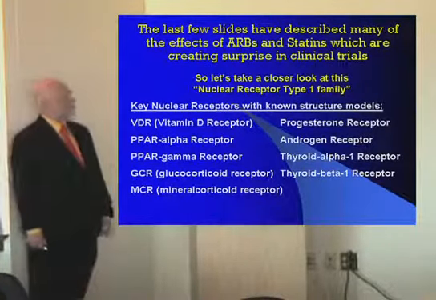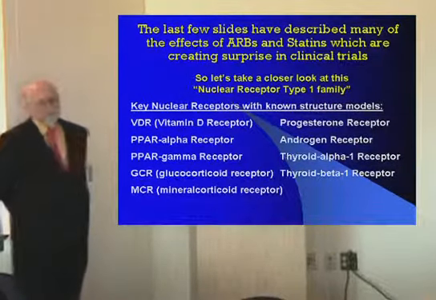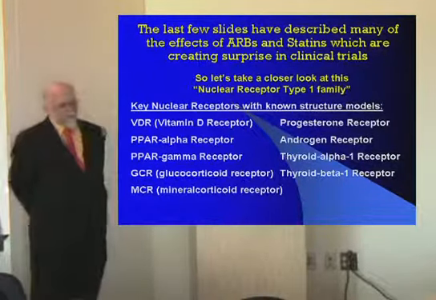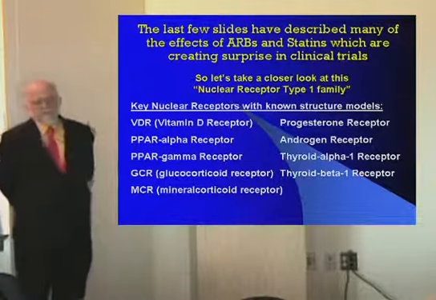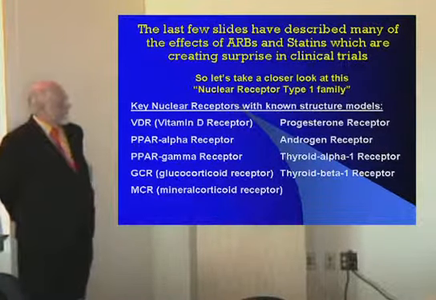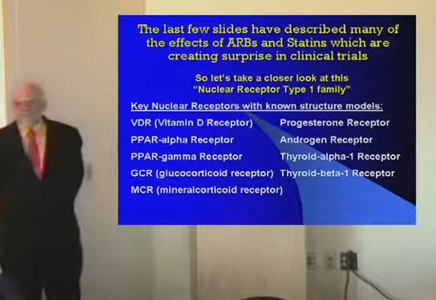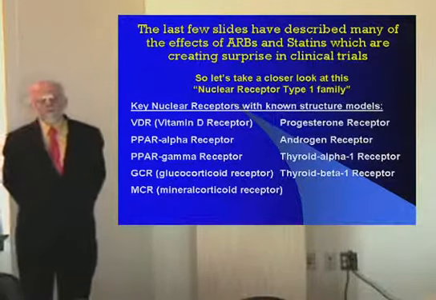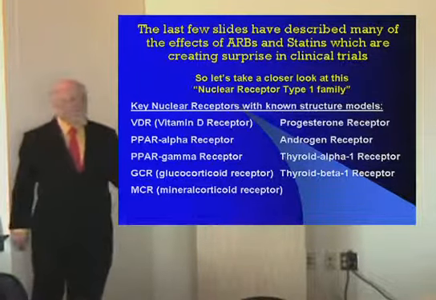The last few slides have described many of the effects of ARBs and statins, which are currently creating surprise in clinical trials. That ARBs and statins affect, for example, diabetes, certainly the complications of diabetes, and also atherosclerosis. So what we did was we decided to take the key nuclear receptors which have got known structures for them, well, ones where we could be quite certain that we knew we were dealing with a real molecule and not with one that we had derived and tested.